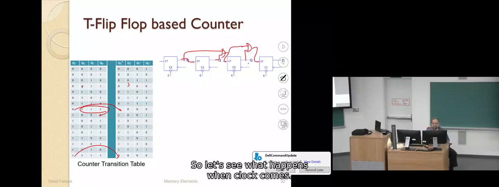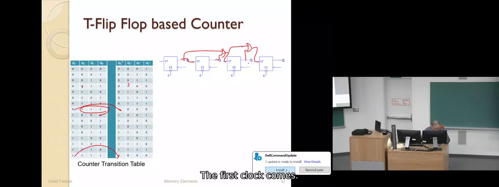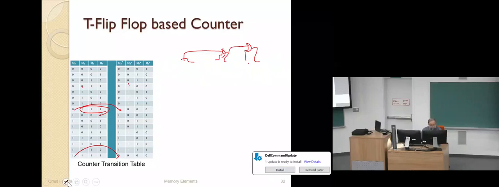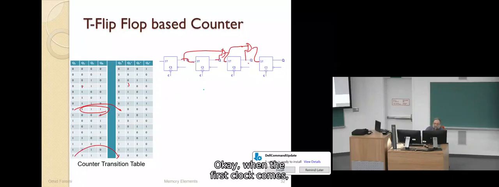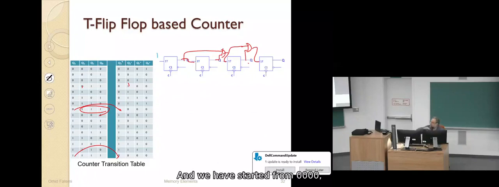The clock comes. Let's see what happens when the first clock comes. I put it with blue. When the first clock comes, we have a 1 here, so this should toggle. We started from 0, 0, 0, 0, so this Q becomes 1.